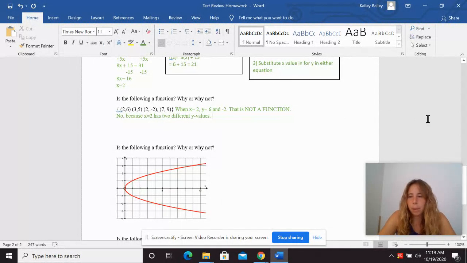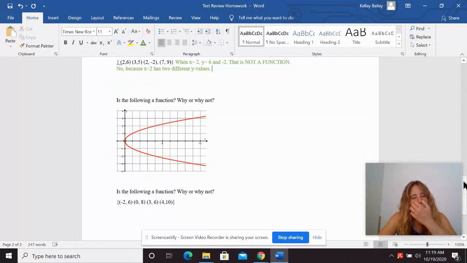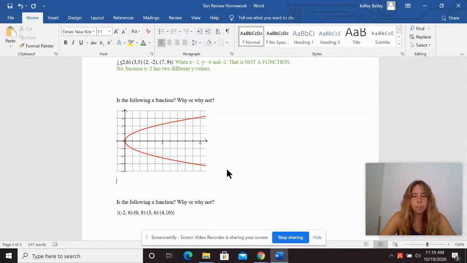I didn't finish typing that. Okay. Is the following a function? Why or why not? No. I mean, for me, whenever I have a graph, I always use the vertical line test. So if I were to use a straight line, it would intersect my graph at 2 points.